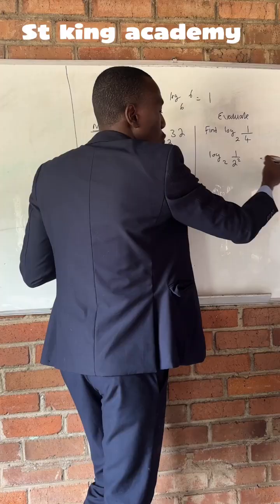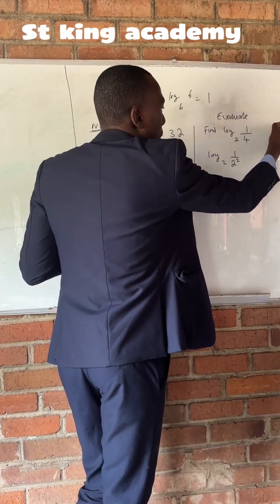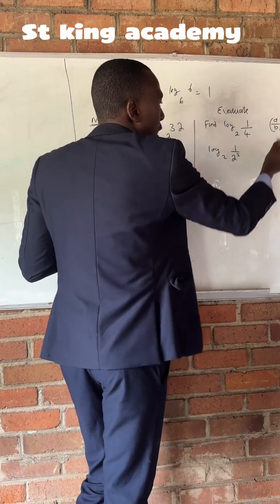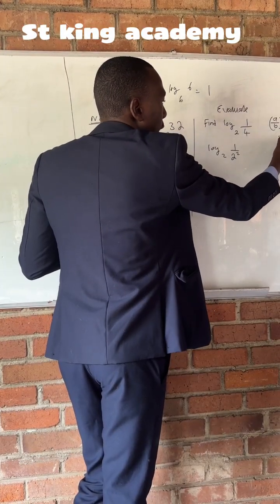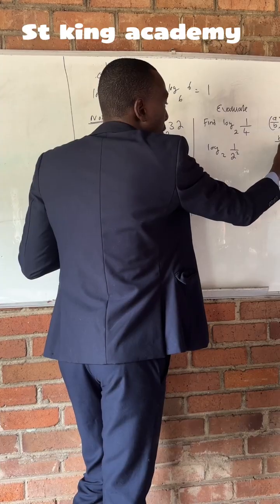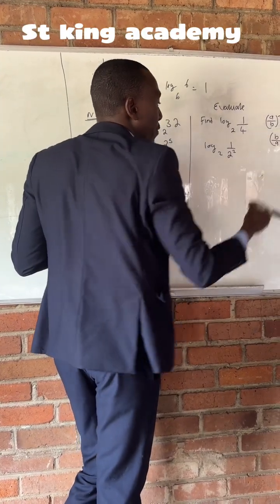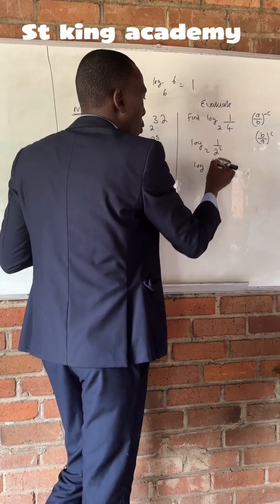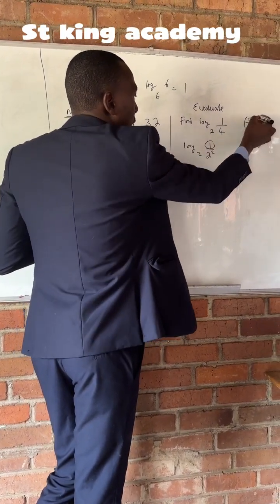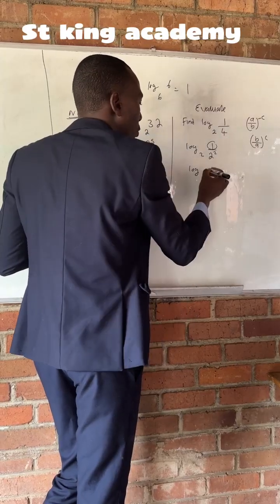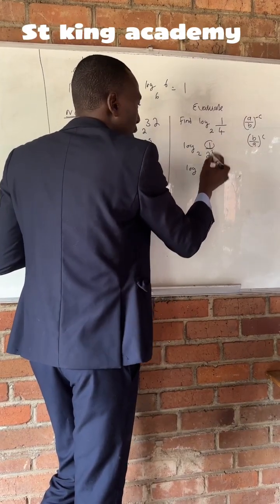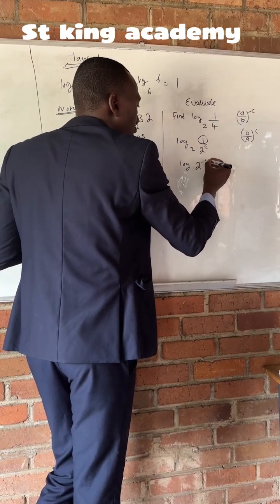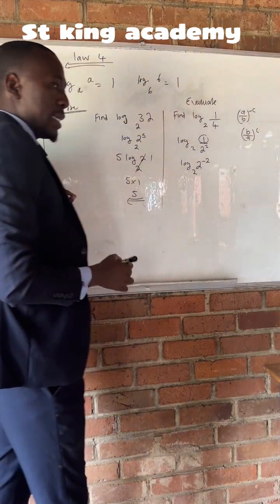Remember, on laws of indices, a over b raised to the power of minus c, to get rid of this negative power, it will be b over a raised to the power of c. So right here we're going to say log, and this one here is our negative power. So we're going to remove this 1 over, and it will be 2 raised to the power of minus 2 base 2.